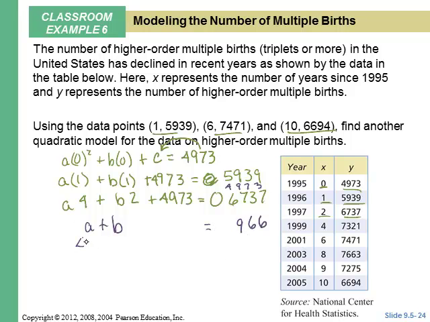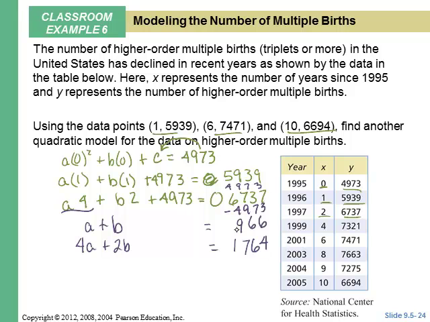And then 4a, I'm doing this equation now, plus 2b, and now subtract 4973 from this, you get 1764.